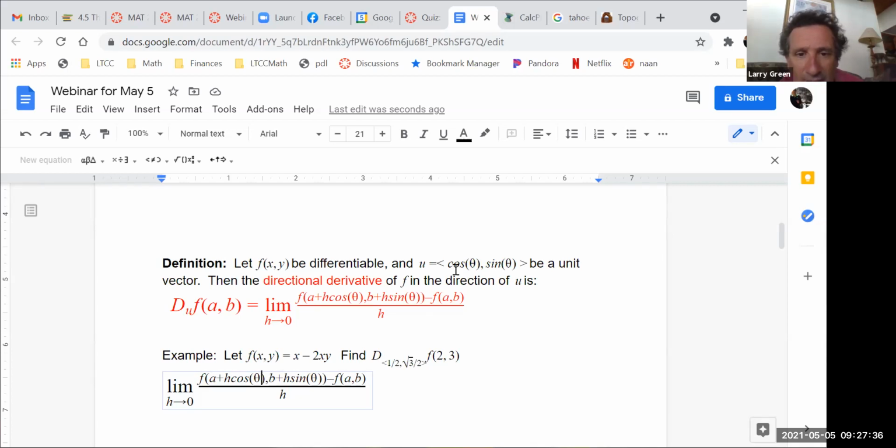That cosine theta is just the 1/2, and a, by the way, was 2. b was 3, and h sine theta was root 3 over 2.